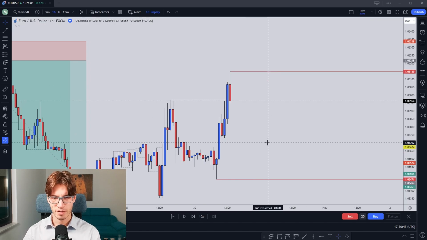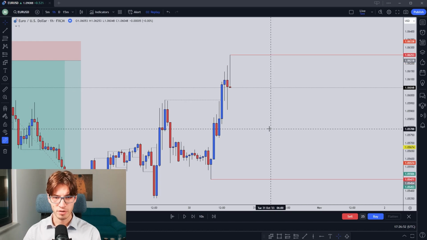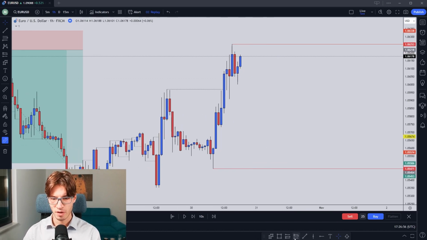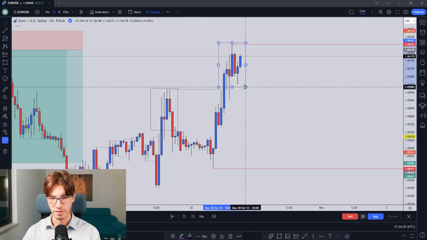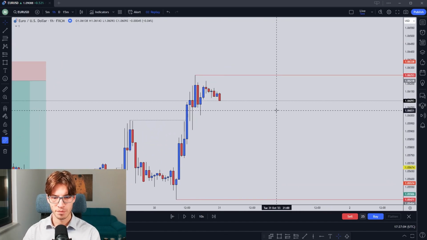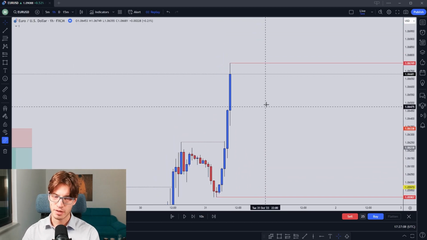Breaks the high. Continues a bit, but then rejection. So no continuations, just very weak breaks of the high. Okay. Breaks the high. Okay, a bit of momentum.